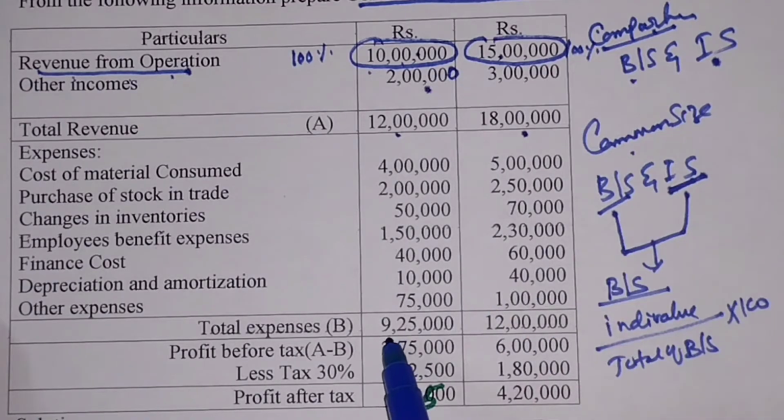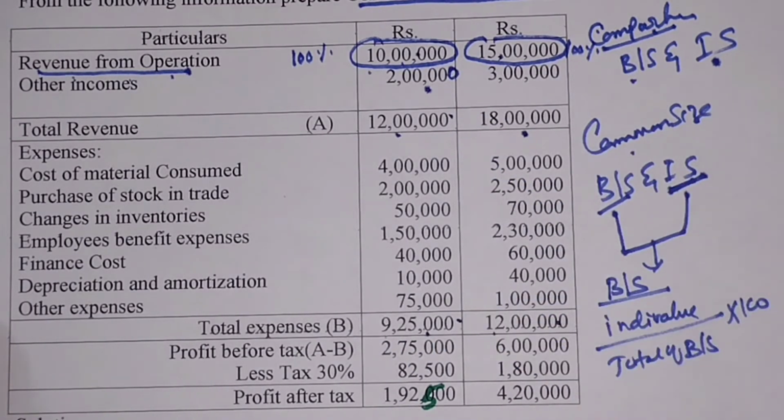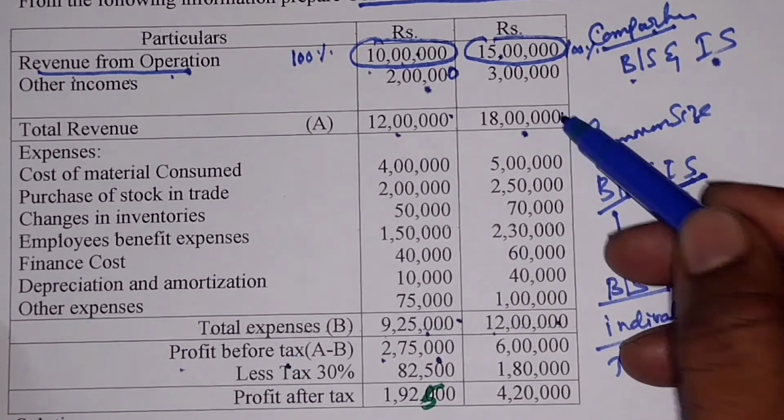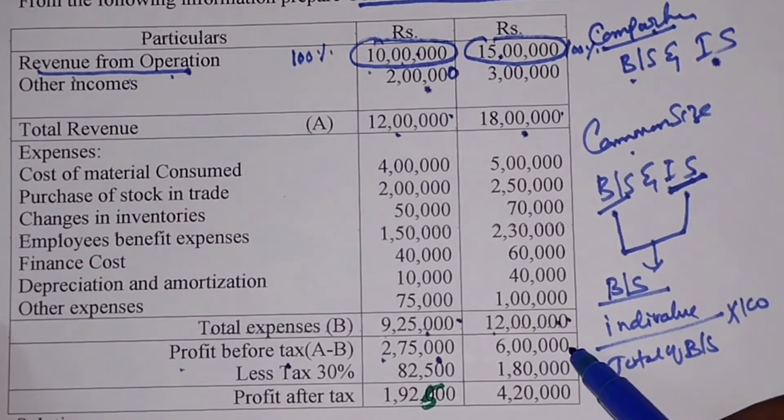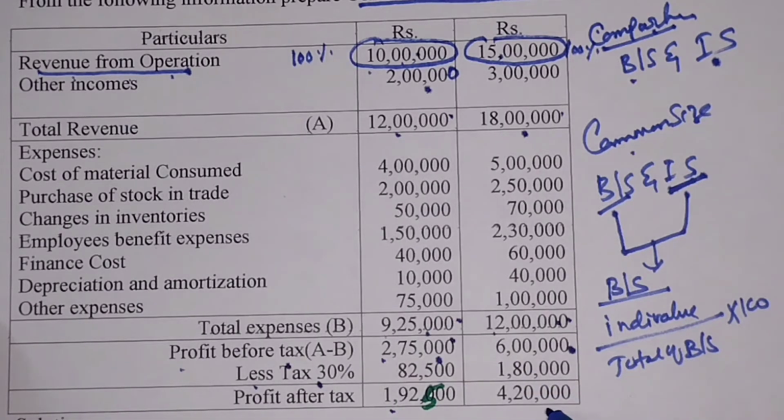Total expenses are 9,25,000 and 12 lakhs. So 12 lakh minus 9,25,000 gives 2,75,000 profit before tax, and 18 lakh minus 12 lakhs gives 6 lakh profit before tax. On this 2,75,000, tax is calculated at 30%. When you minus 30%, the remaining 70% is the answer.